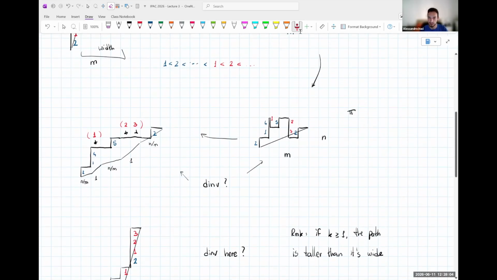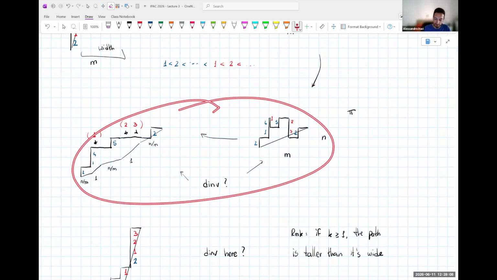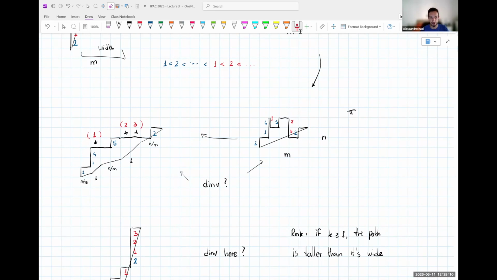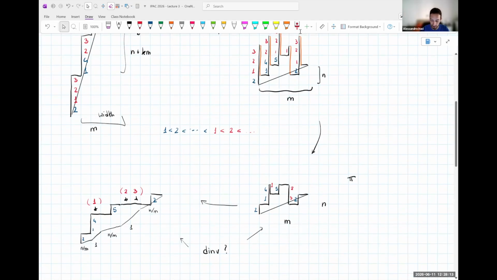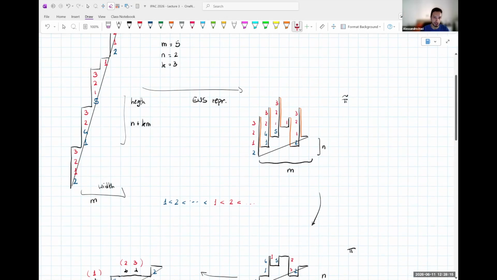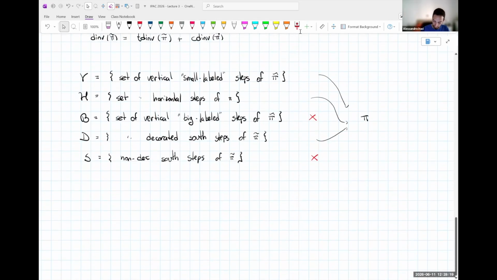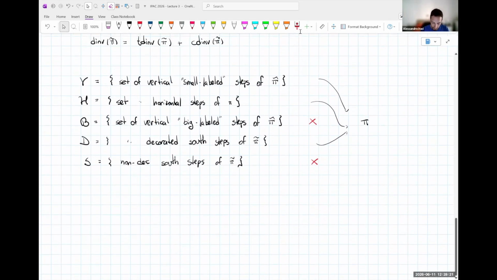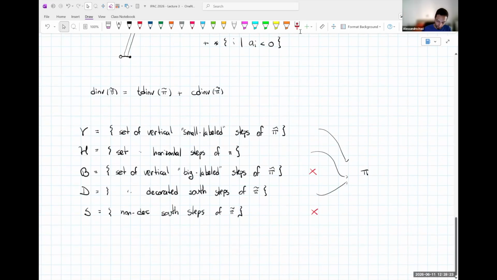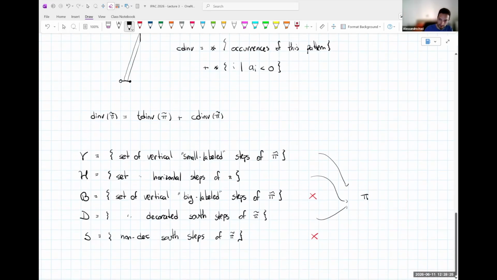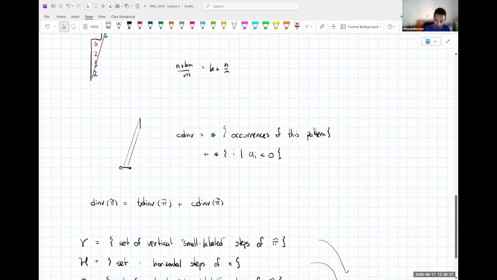I hope I'm not messing up the notation. Yeah, pi for the objects for this decorated rational shuffle theorem, and pi tilde for the objects of the non-decorated, like the original rational shuffle theorem.